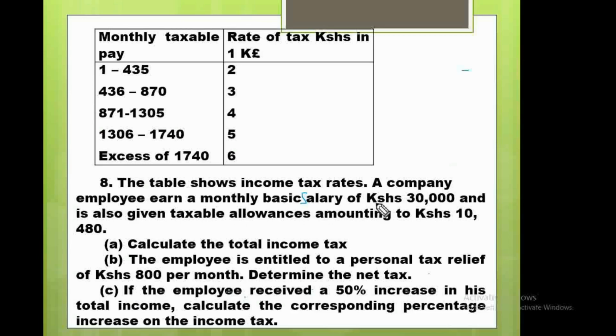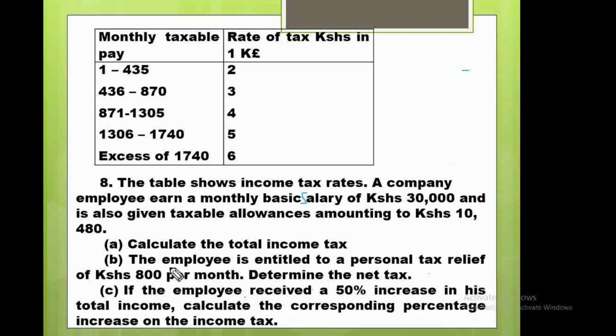Basic salary of 30,000 Kenyan shillings, and is also given taxable allowance amounting to 10,480 Kenyan shillings. Part A, calculate the total income tax. Okay.